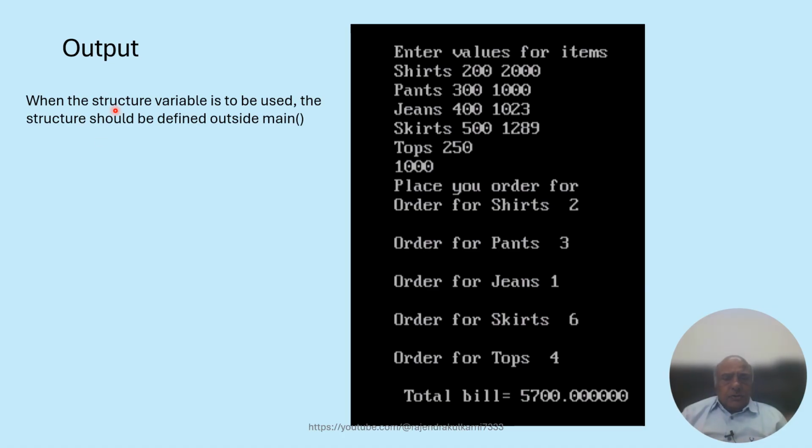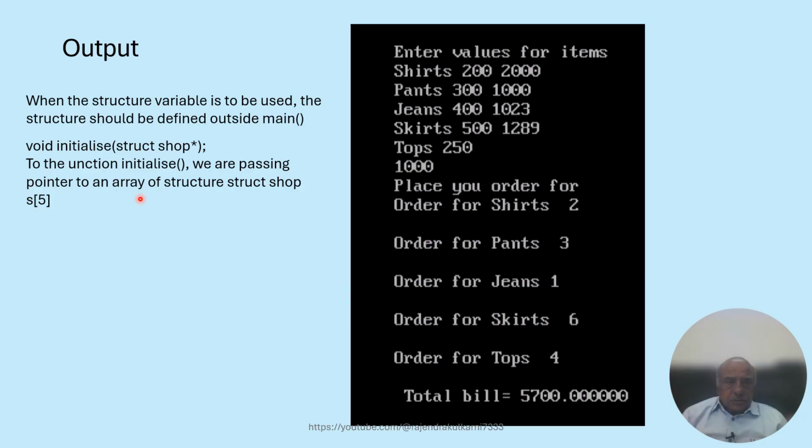If we are not going to use the structure elements anywhere outside the main, we can declare the structure within the main also, it is not necessary to define it outside main. Now this function initialize. To this function we are passing a pointer to an array of structure struct shop s, of dimension 5.